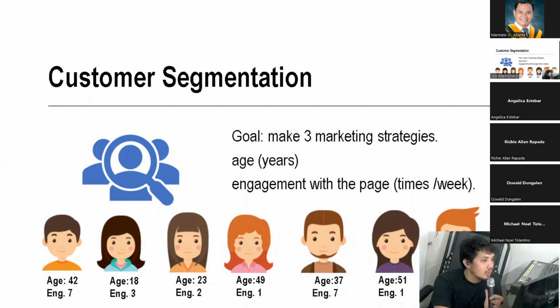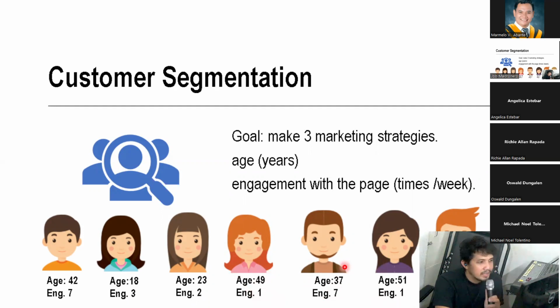We can take a while and take down the list to come up with the groups. For example, if this person and this person have similar data, almost similar age, and of course similar engagement with the page.